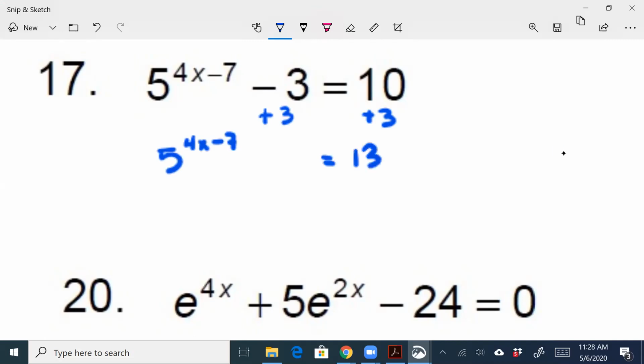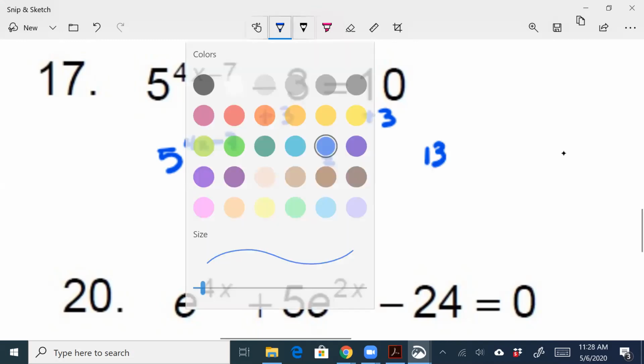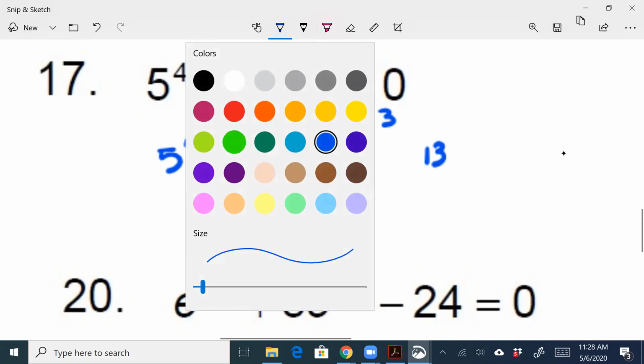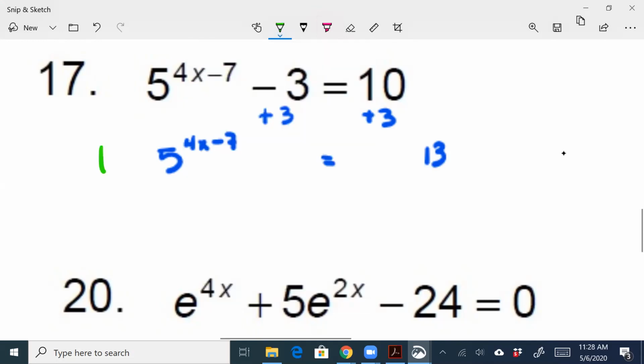And then at this point, let me write my 13 a little bit further to the right. What we're going to do is take log base 5 of both sides.